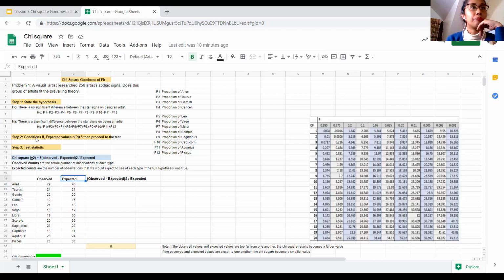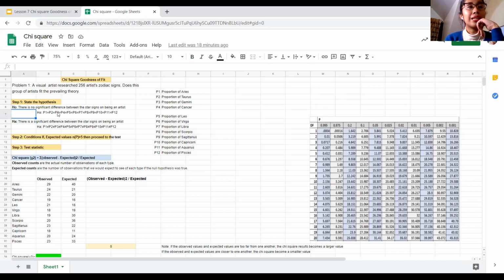So, class, first one is state the hypothesis. So, H0, your null hypothesis: there is no significant difference between the star signs on being an artist. This is how the goodness of fit null hypothesis is shown: P1 is equal to P2 up to P12. P1 is your proportion of Aries, P2 is the proportion of Taurus, and so on.